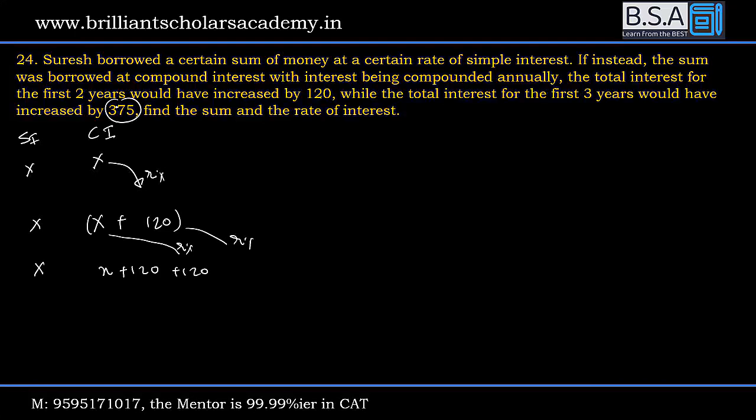So look, what is the extra part? 120, 120, 120 is 360. For 3 years, how much extra? 375. So 15 rupees extra. So this 15 rupees is basically R percentage of 120. The interest increases, there is a gap of 375. In 3 years time there's a gap of 375 rupees.